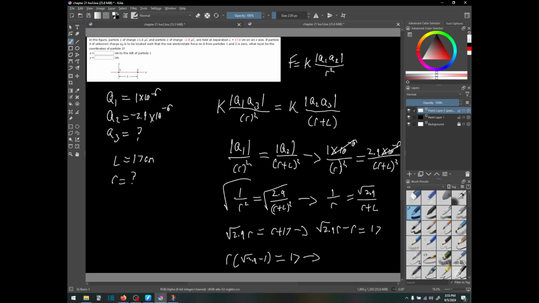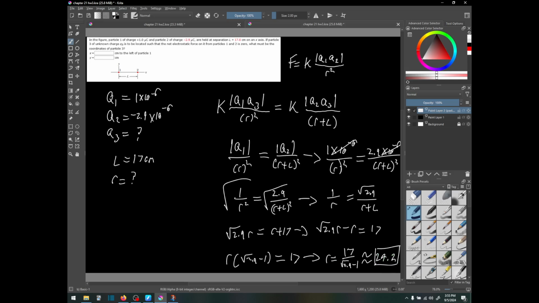Then dividing both sides by the square root of 2.9 minus 1, we get R equals 17 over the square root of 2.9 minus 1, which is roughly equal to 24.2.